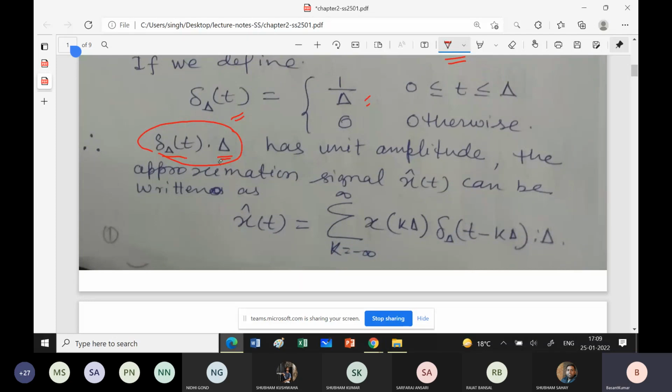The approximated signal, the estimate of x(t), can be written as the summation of all the strips.